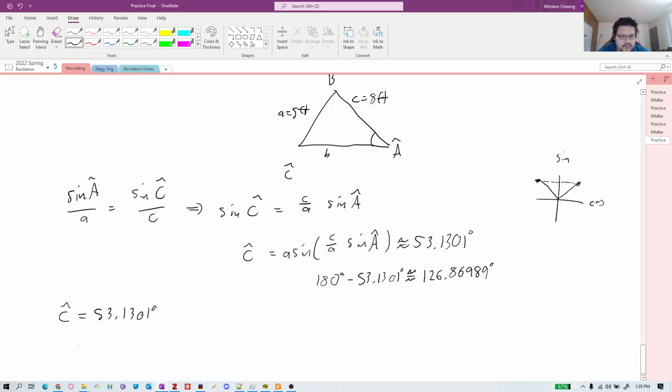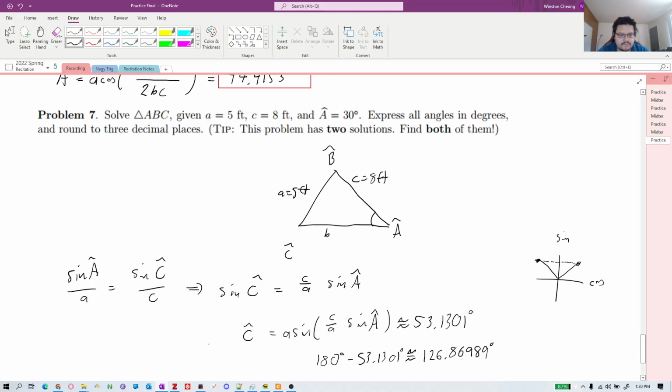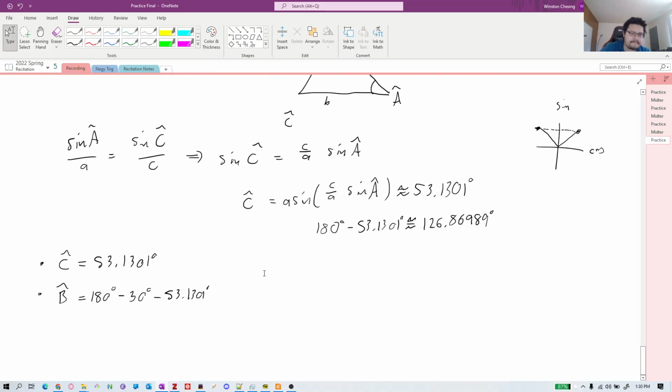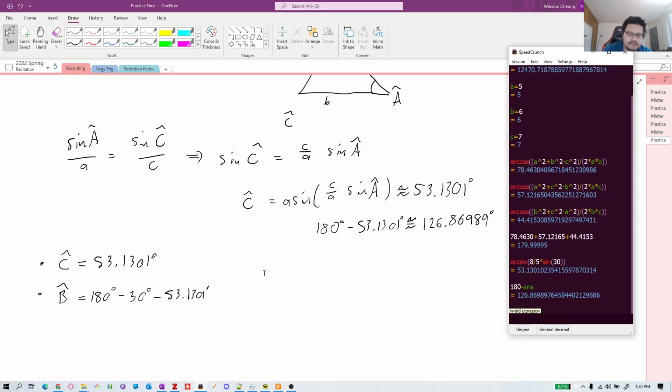53.1301 degrees, then that's going to tell us what B will be, because we know angle A is 30. So we would do 180 minus the 30 degrees, that is angle A, minus the 53.1301 degrees, that is angle C. Okay, so we would do that. 180 minus 30 minus 53.1301.